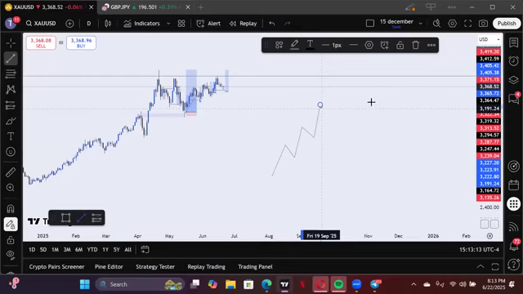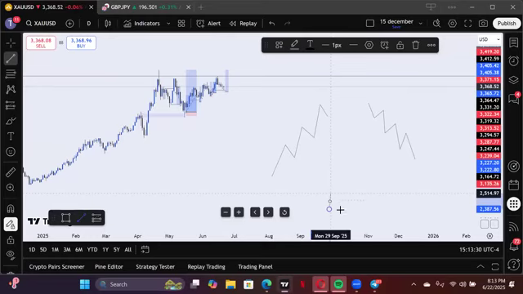Then we have a downtrend: lower highs, lower lows. Then we have a ranging market, which is support, resistance, resistance, support, and so on.